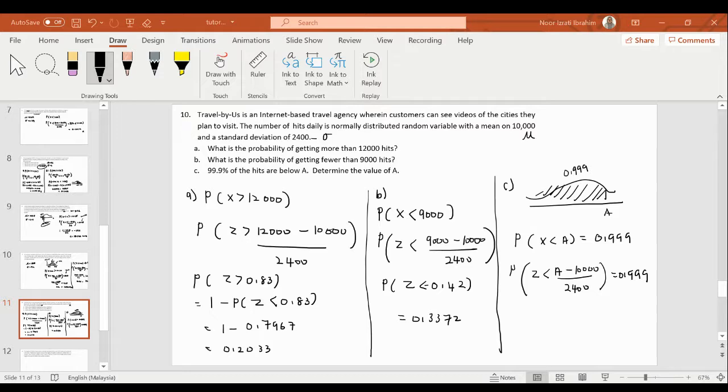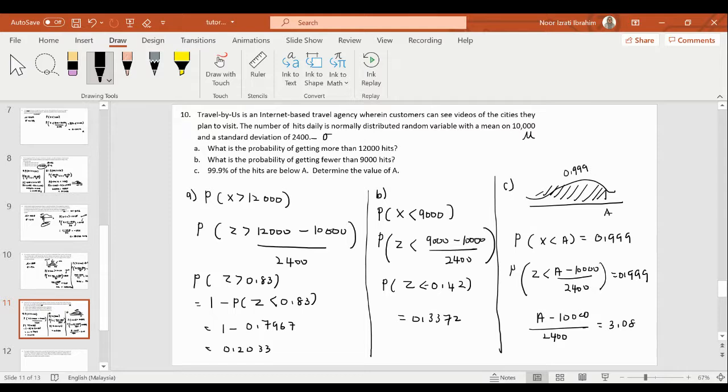From the table, the nearest to 0.999, there are 3 here, so you can take either one. I will take 3.08. So A minus 10,000 divided by 2400 equals 3.08.